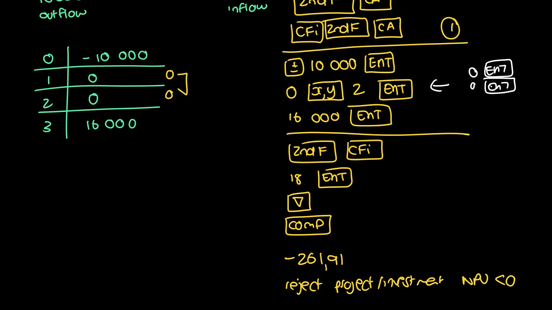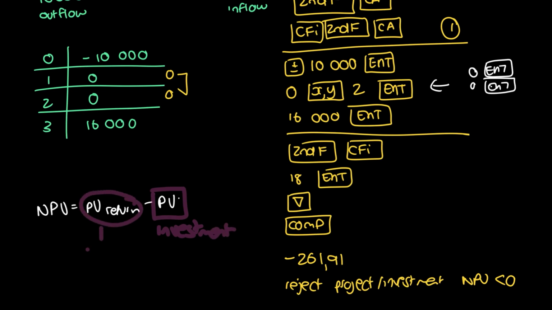So a reminder about that, the reason why we do that is your NPV is equal to your PV return minus your PV, where your PV is from your investment and your PV return is what you would invest in the bank to get the same value out as you would your project.